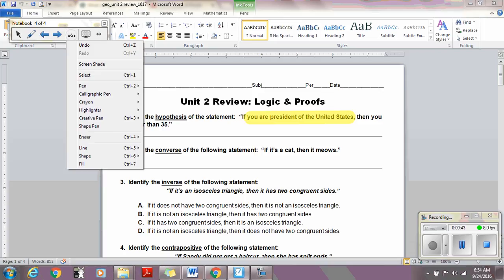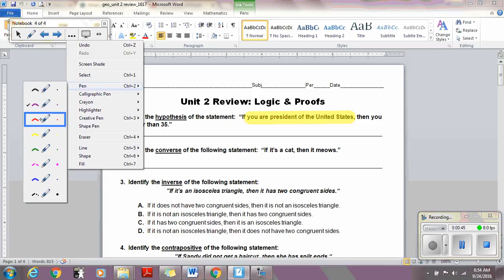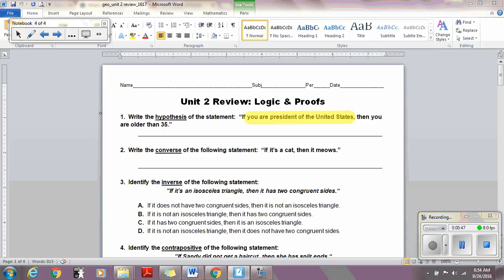So when you write it, do not include the word if. Again, the hypothesis follows the word if. Do not include the word if.